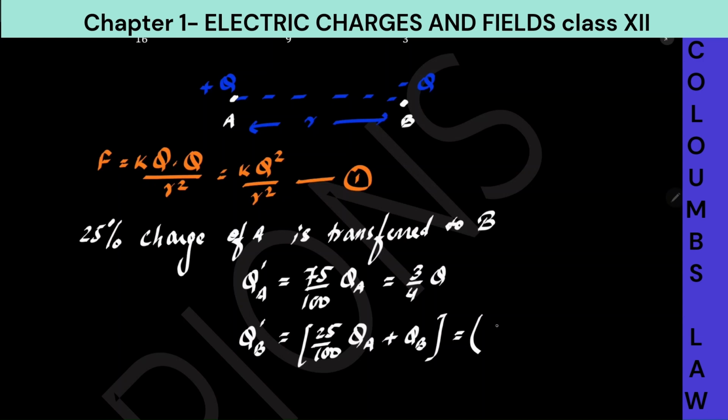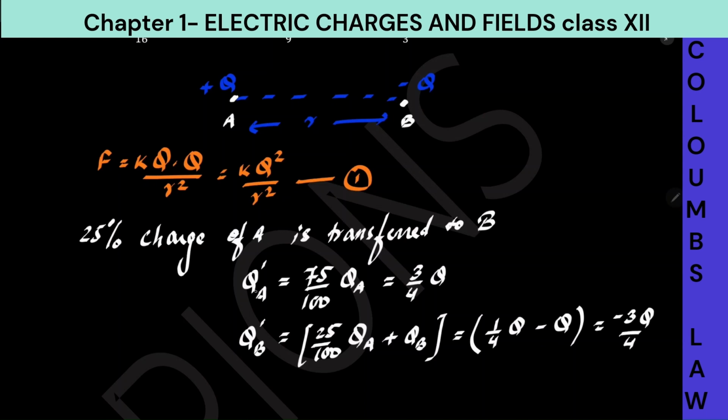So 25 by 100, 1 by 4 of QA, which is plus Q. And be careful, charge is a scalar quantity. You can add or subtract, so you have to keep the negative sign, minus Q. Force is a vector quantity, so be very careful with that. For force, vector addition; for charge, direct scalar addition. So this will be minus 3Q by 4. This will be the new charge on B.